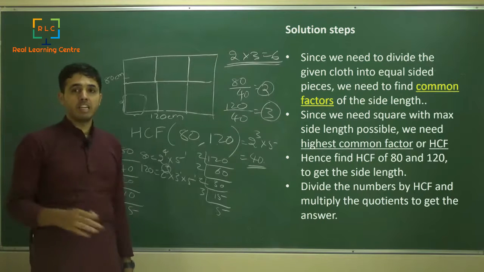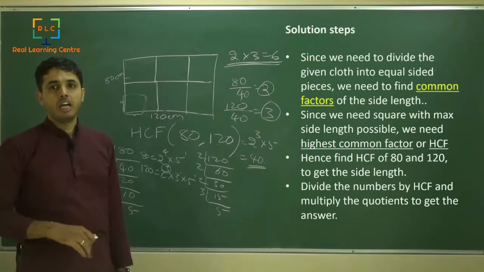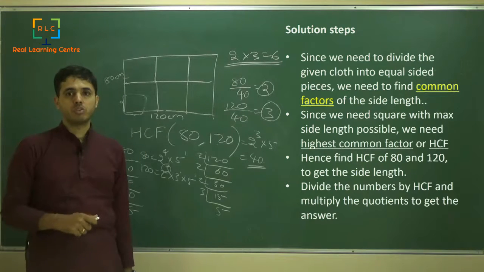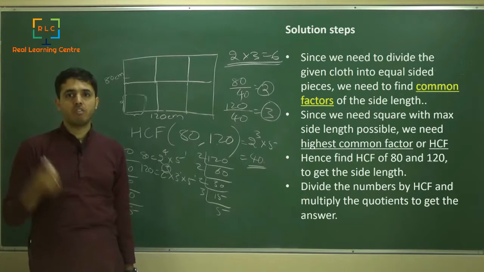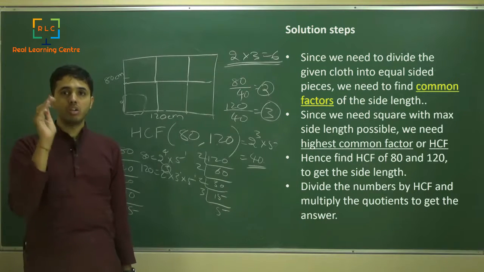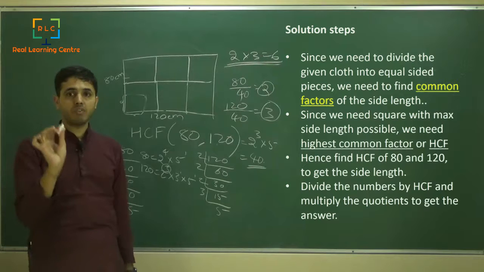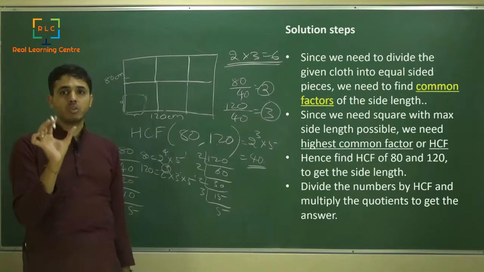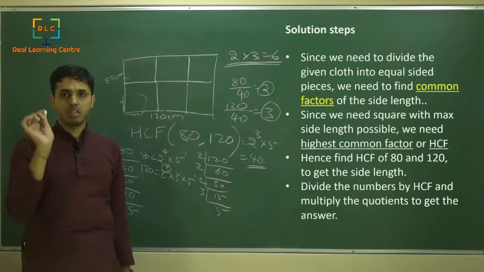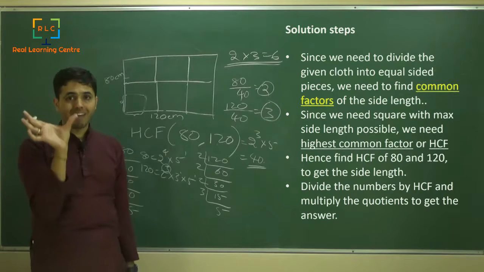I hope this problem interested you a lot. And similar problems I want you to try out to further strengthen your understanding of highest common factor. Remember, try to look at the problem carefully and pick those key words. One thing is, it should be a factor.